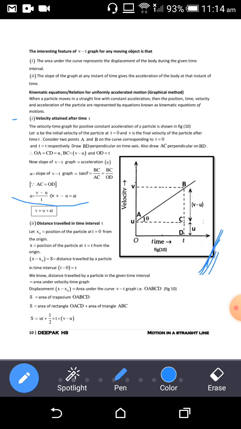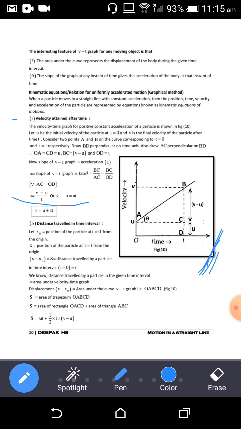In the second, we need to calculate the distance traveled in a time interval t. As you know, the body starts traveling from point A to point B, right? You need to calculate the distance. For that, the distance traveled by a particle is equal to the area under the velocity time graph.